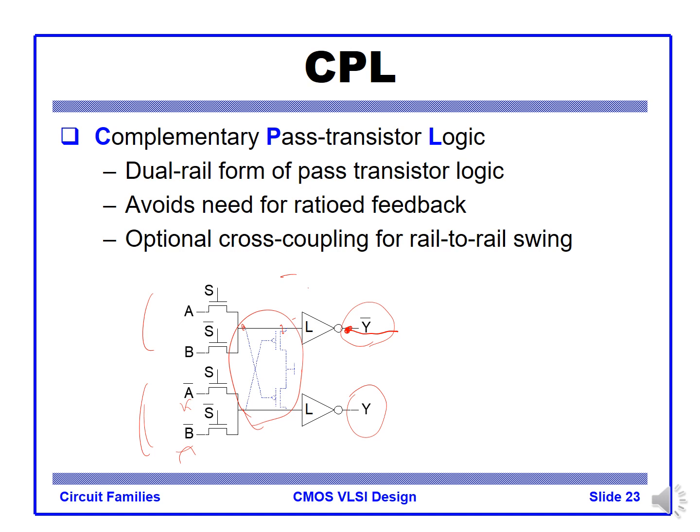This avoids ratioed feedback, because if one is high the other one will be low. If the other side is low, then this PMOS is on, so the high value will go up, to the full VDD by this pull up PMOS.